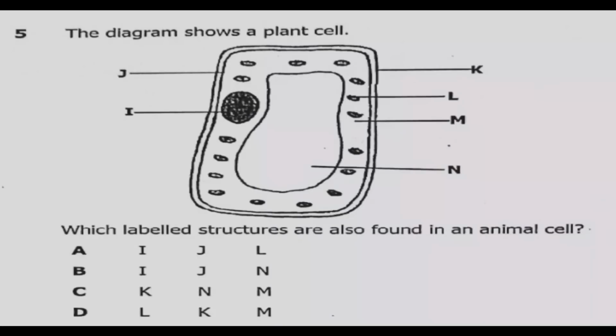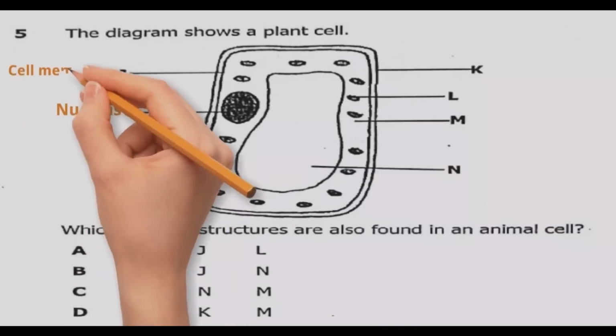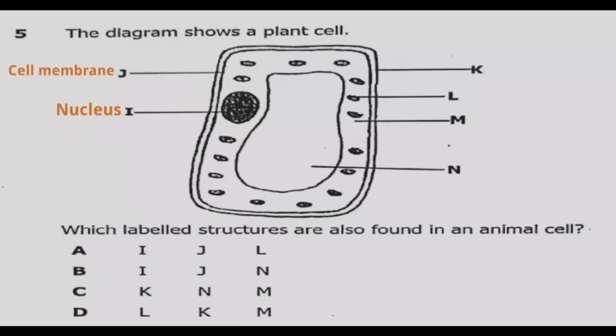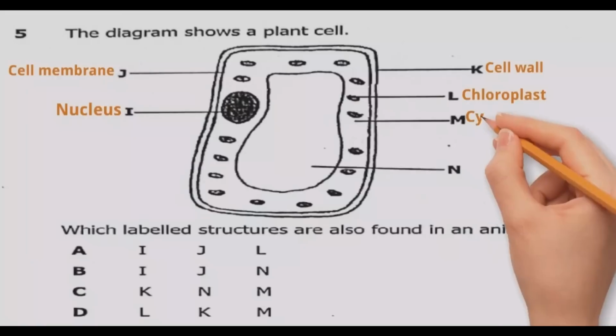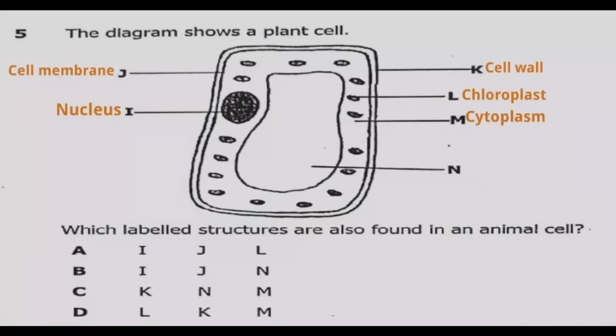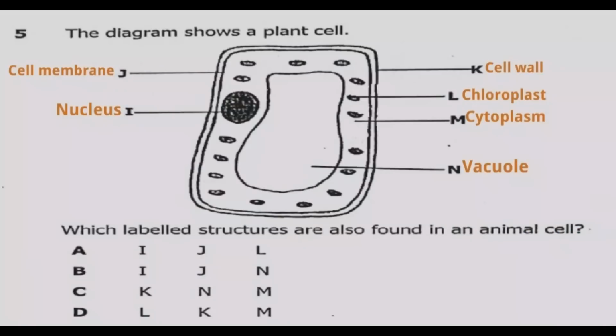Let me start from I, that is nucleus, J, that is cell membrane, K, that is cell wall, L, that is chloroplast, M, that is cytoplasm, and N, that is vacuole. Those are the parts.